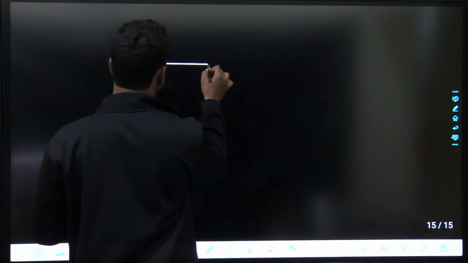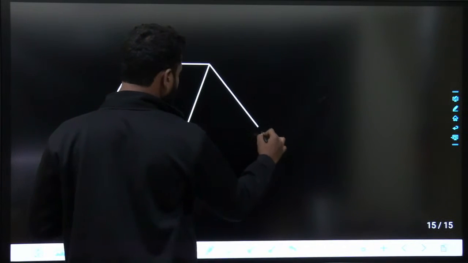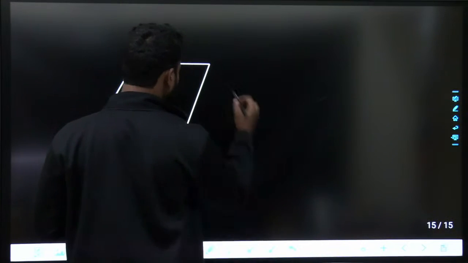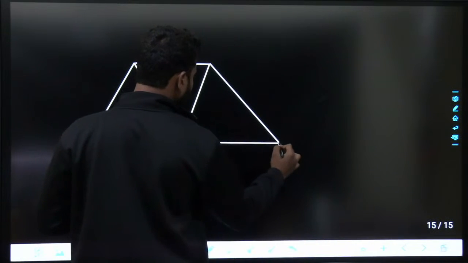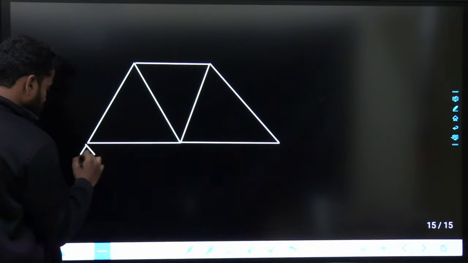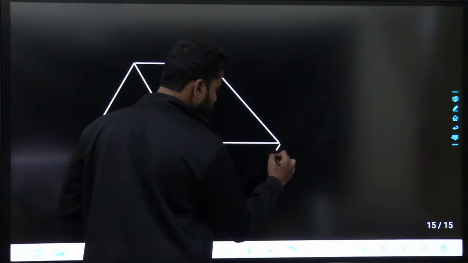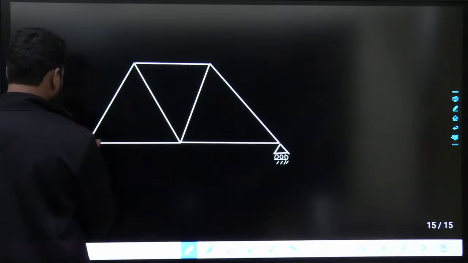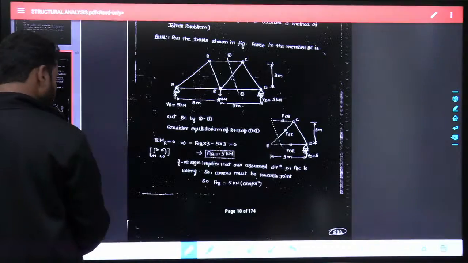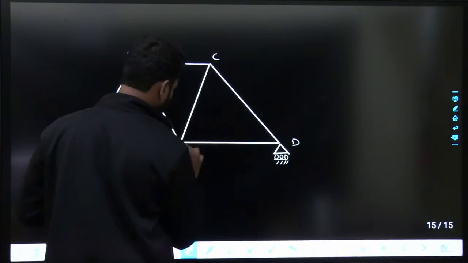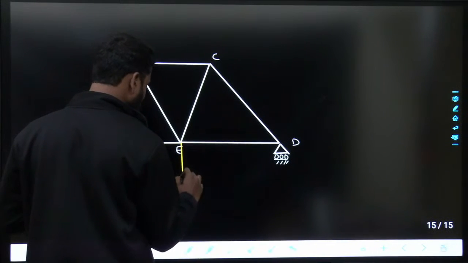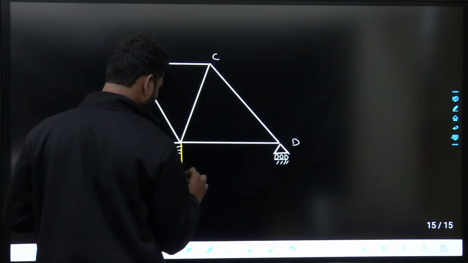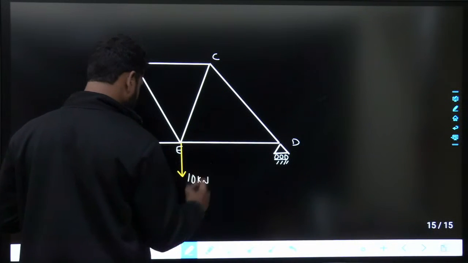For the truss shown in the figure, find out the force in member BC. 10 kilonewtons.